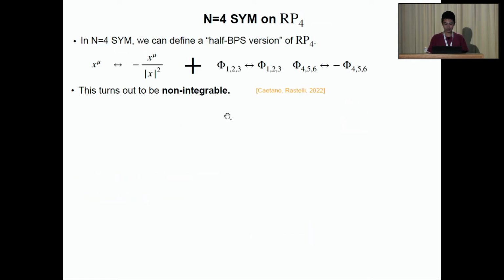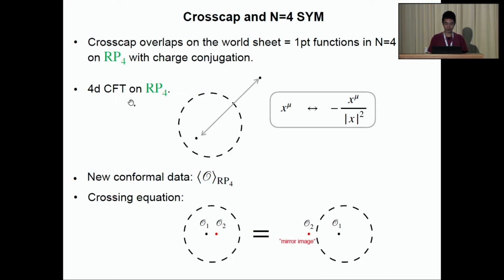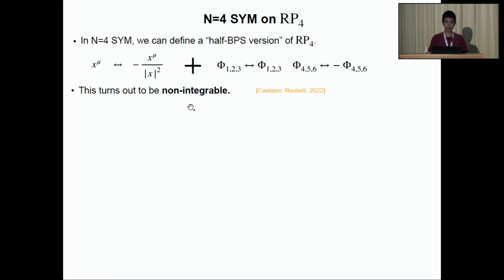Okay, so far I was talking about a general CFT on RP4. Then let's talk about N=4 super Yang-Mills on RP4. In N=4 super Yang-Mills, we can define a half-BPS version of RP4 by combining this space-time identification with some Z2 identification of scalar fields, and also fermions, but it's complicated, so I'm not going to write it down.